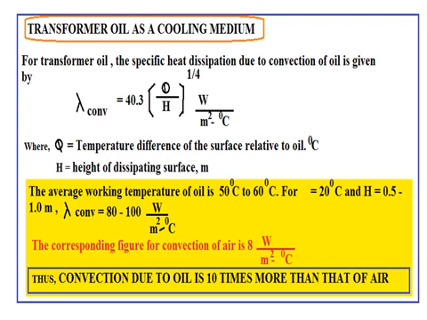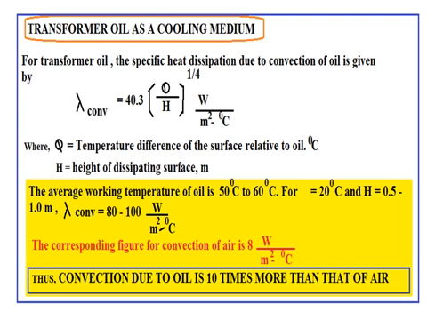Considering the average working temperature of oil of 50 to 60 degree centigrade, for theta equal to 20 degree centigrade and h equal to 0.5 to 1 meter, lambda convection is 80 to 100 watts per meter square degree centigrade.